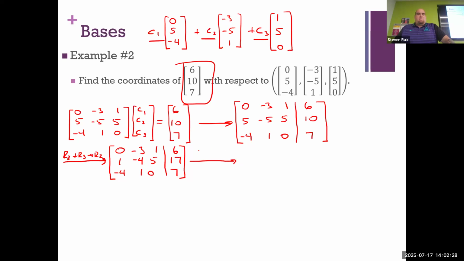We can swap around. Okay, we got a pivot. Now what?